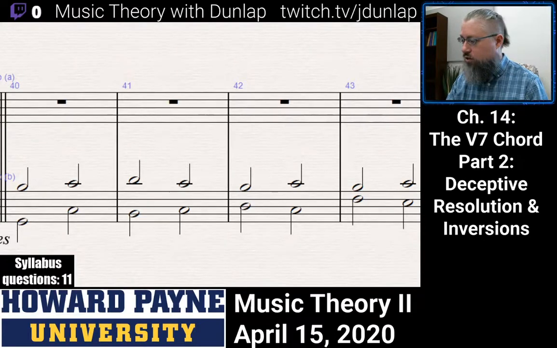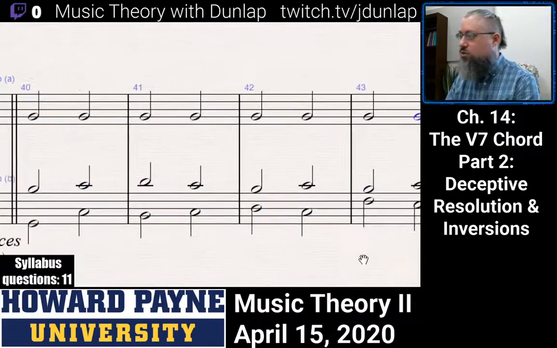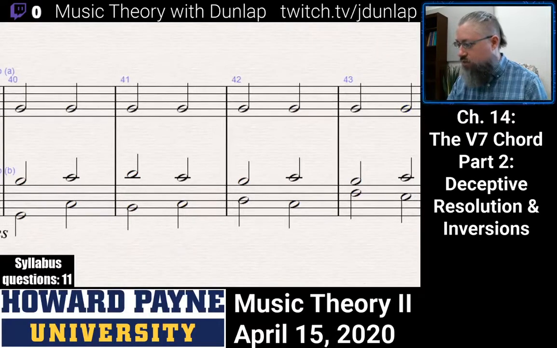Let's put in our soprano first. Yeah, there's going to be an incomplete voicing there. That's fine. This is a really interesting soprano part. This is what happens when you're just doing voice leading exercises, not based off of melodies. And then here's our alto.